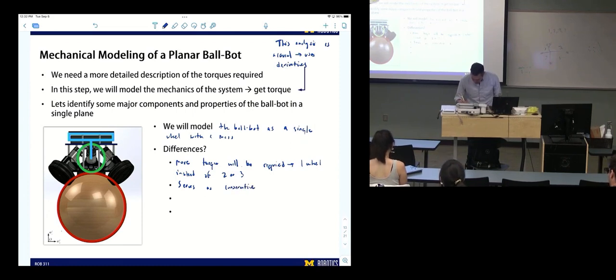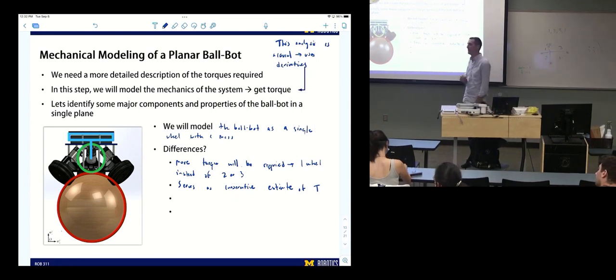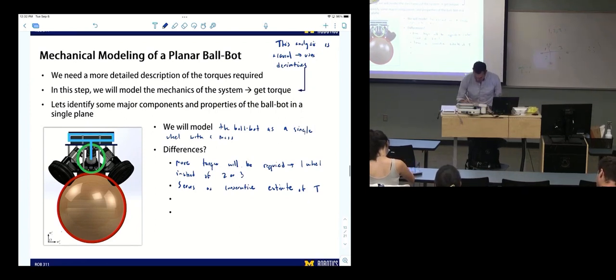It serves as a conservative estimate of torque. Does that make sense? The conservative estimate part? Yeah, so that's just saying this is going to give us an upper bound? Yes, that's exactly what I mean. This is going to provide an upper bound to us. So if we design our system to handle this model, then it will definitely be able to handle the 3-wheel version.